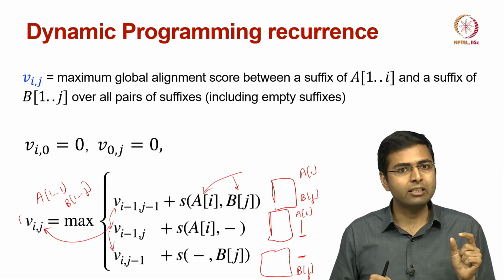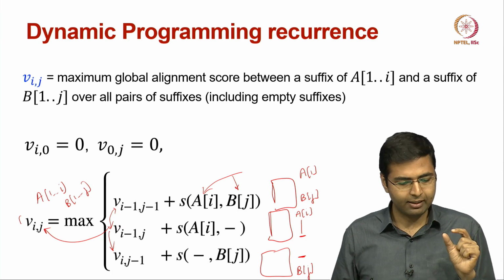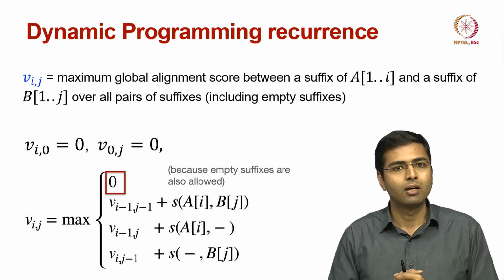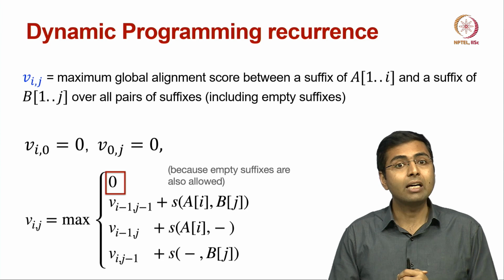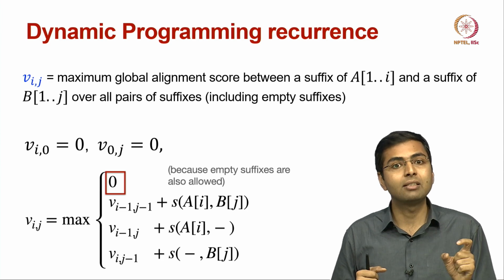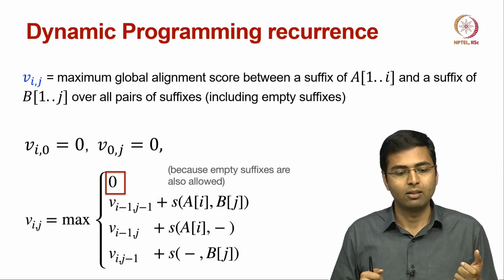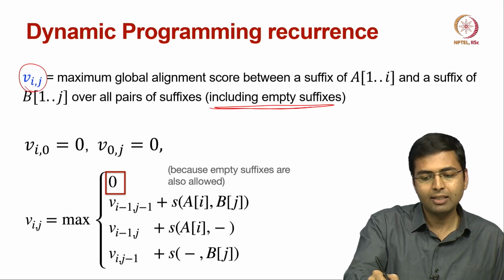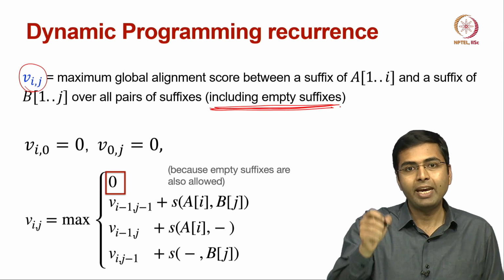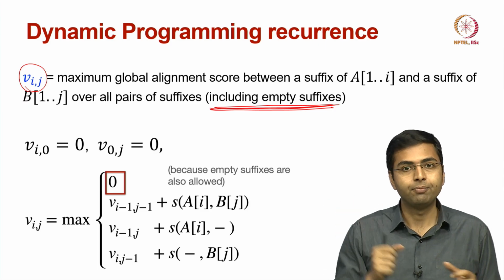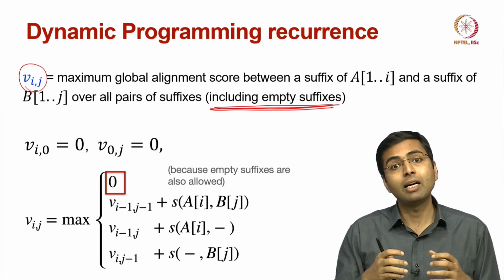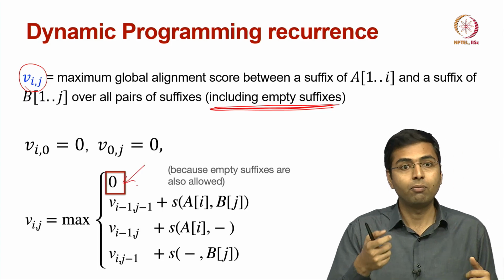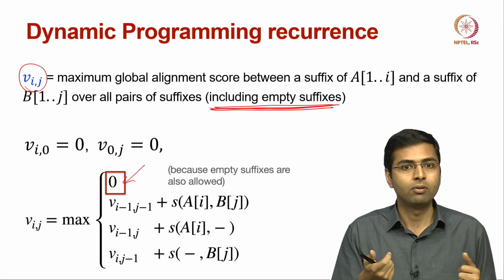There is one small catch that we have to address here, that is, we have to also allow a value 0 in the recursion. The reason is that we can also pick empty suffixes in our choice. So when we are defining Vij, we are also allowed to pick empty suffixes from A1 to i as well as B1 to j. And because we are allowed to pick empty suffixes, we also have a choice of having alignment score 0.